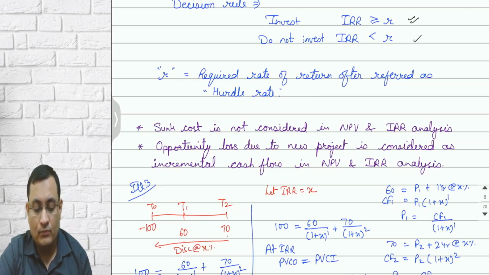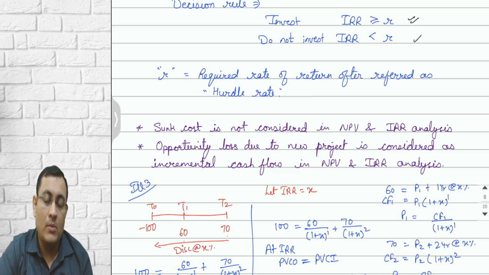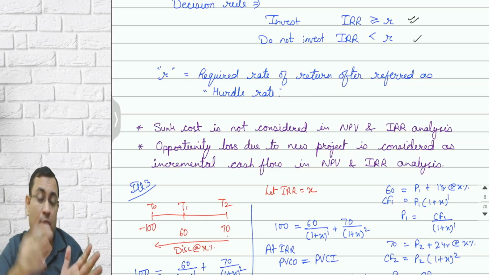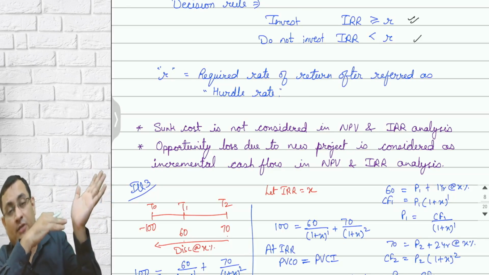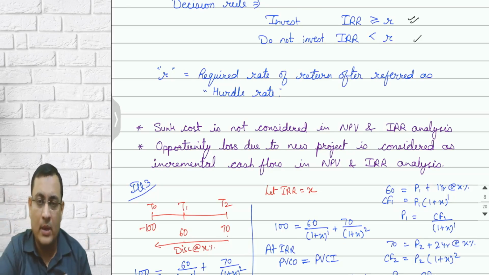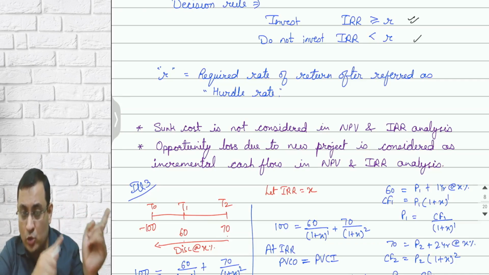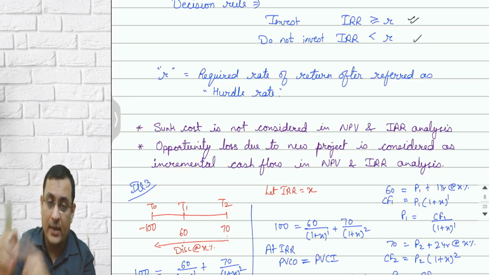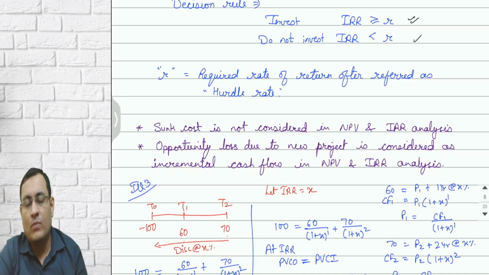Second thing, if there is any opportunity lost by taking the project because of cannibalization, meaning you are launching one product which is going to decrease the sales or earnings of a second product already in your product profile, then that loss in the existing business should also be considered while calculating the NPV and IRR of this new project.